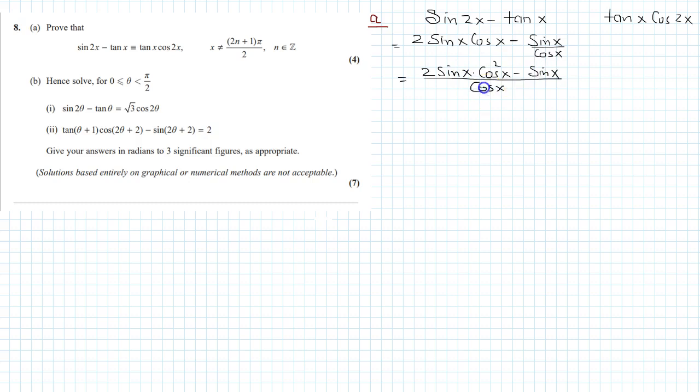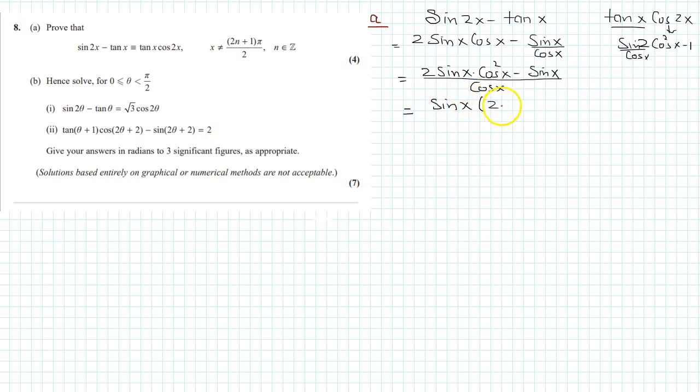So sin x is common and cos x, so at least we are getting it here, and we know that cos 2x is equal to 2 cos square x minus 1. So this tan x is sin x over cos x. So we have taken sin x common.